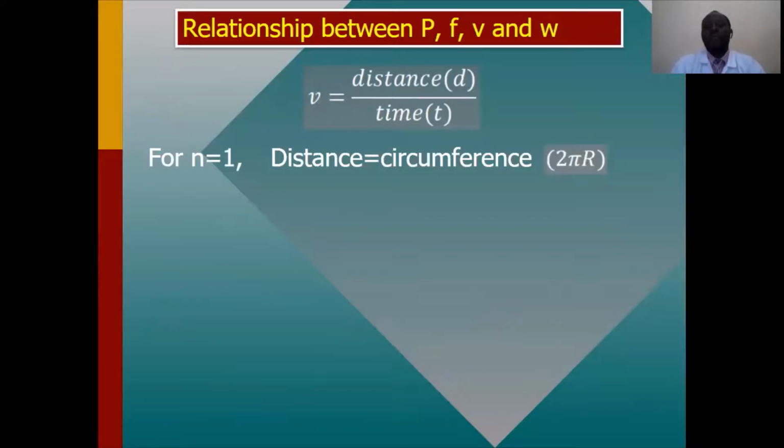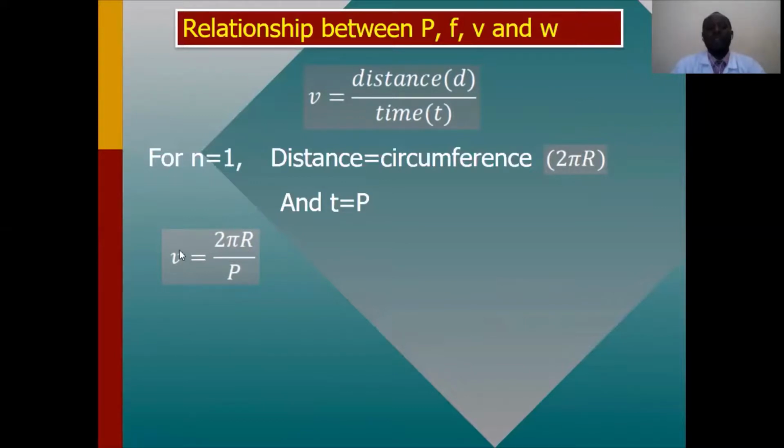And circumference is equal to the product of 2 pi with radius, or diameter times pi. And the time for 1 turn is period. So replacing this into the formula of linear speed, we have linear speed is equal to 2 pi radius over period. That is the relationship of linear velocity and the period.